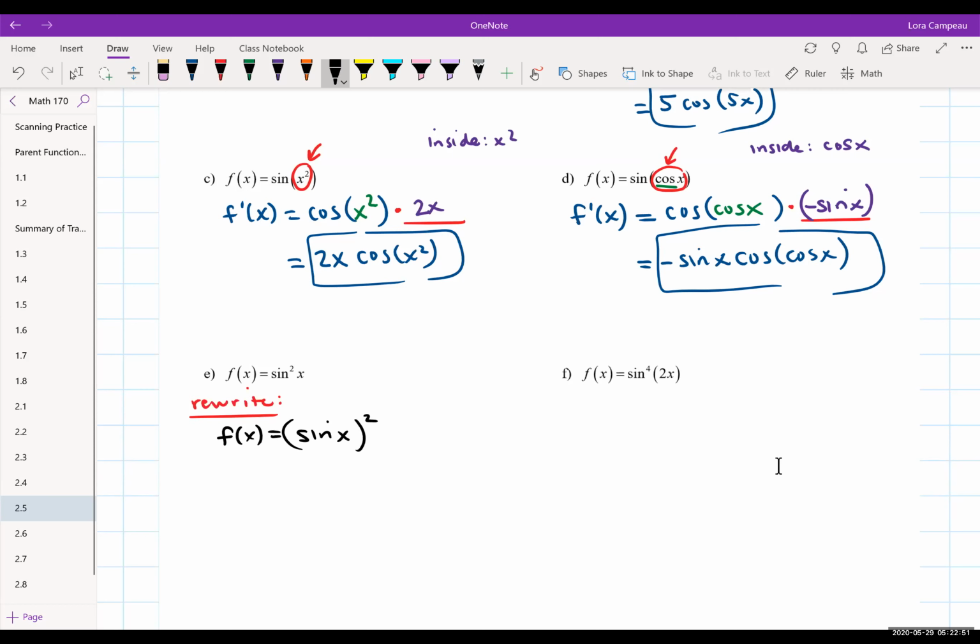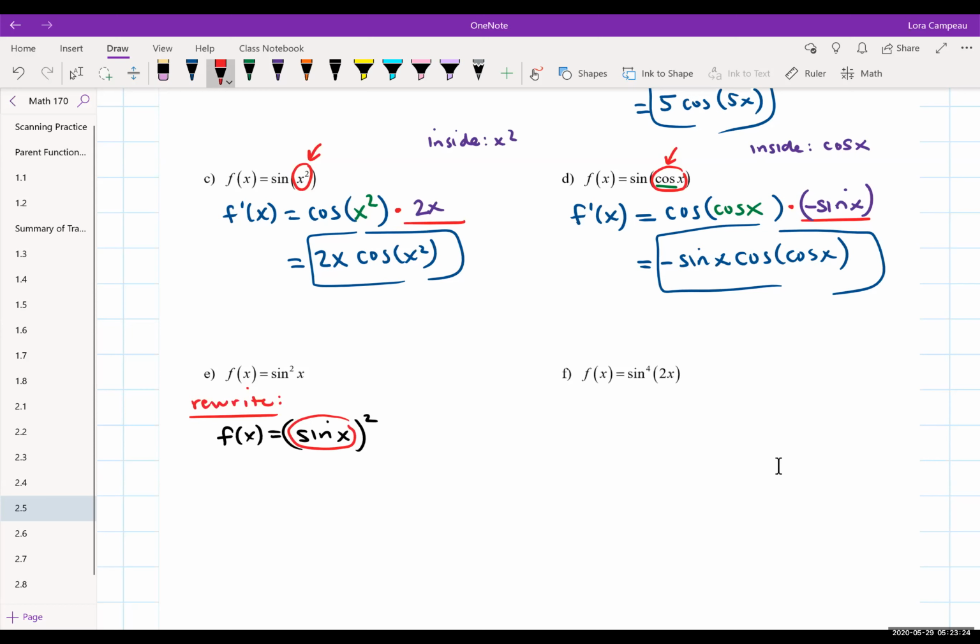So now we have to look at this a little differently. We do see that the argument of sine is a single x, so that's good. But the issue is not the sine of x, that's not the composition. We're actually composing a quadratic, a power of 2, with a sine. So if we're going to name the inside function versus the outside function, I'll point to this part.